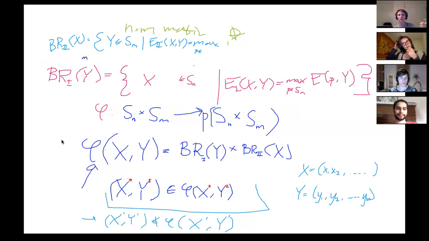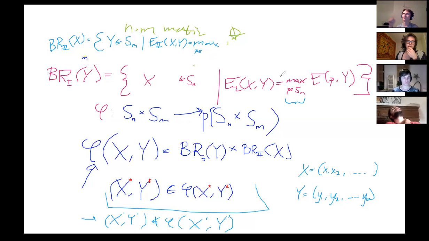And so because we're comparing against the set of all strategies in the best response 1 and the best response 2, then any single X and Y strategy given to phi will return only the best responses, or the Nash equilibrium, I should say.